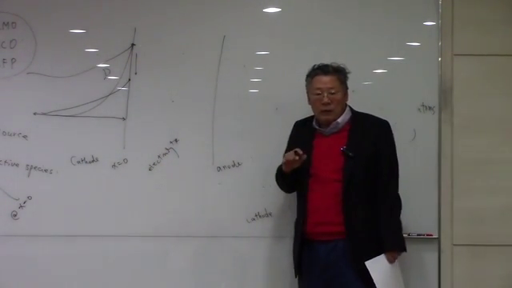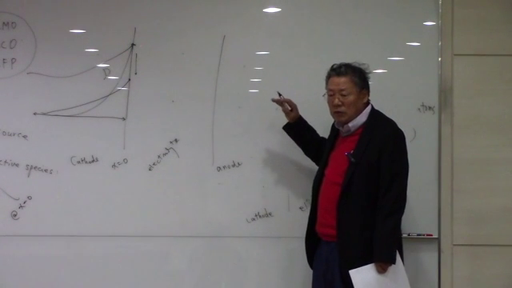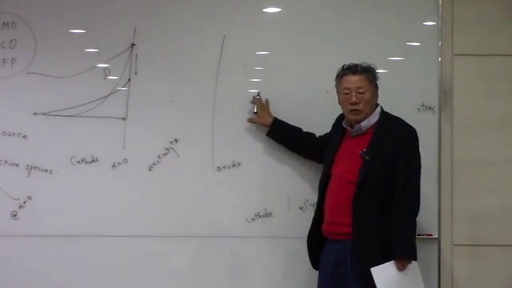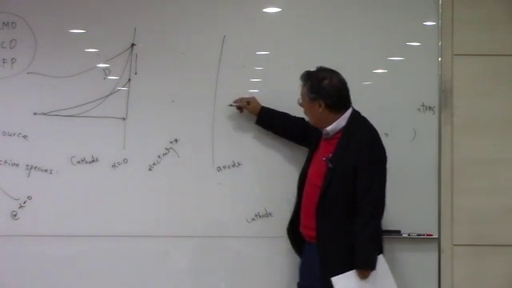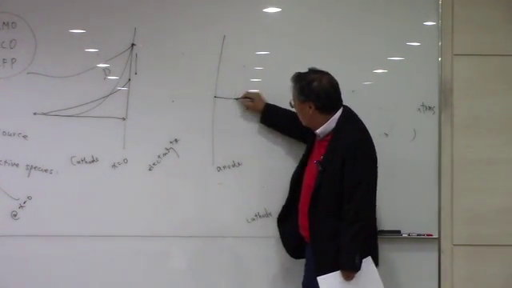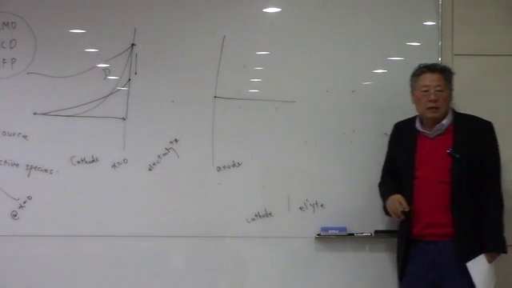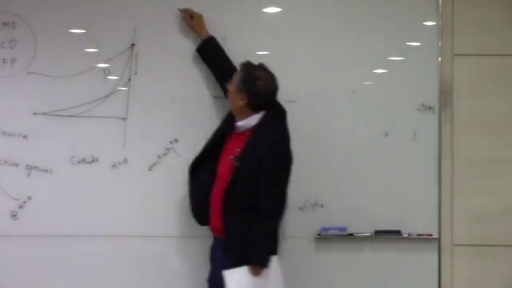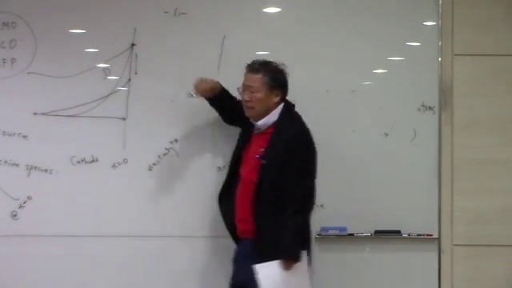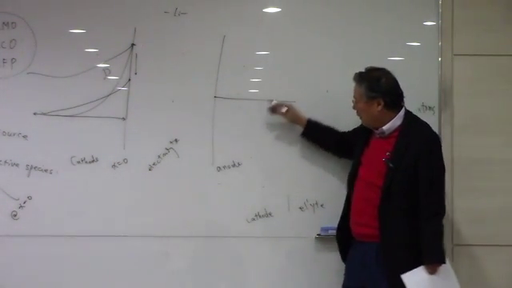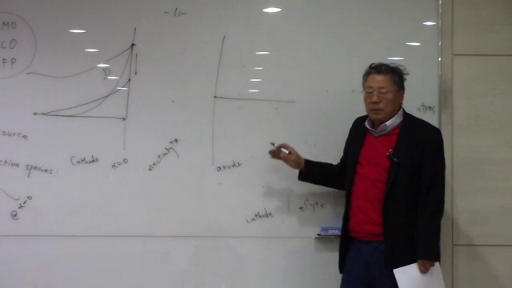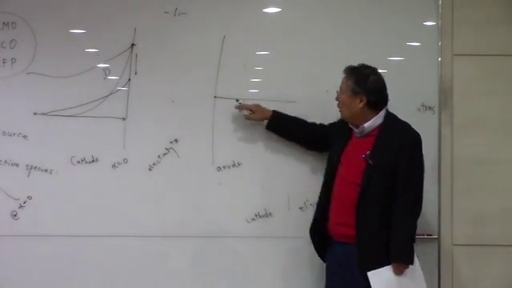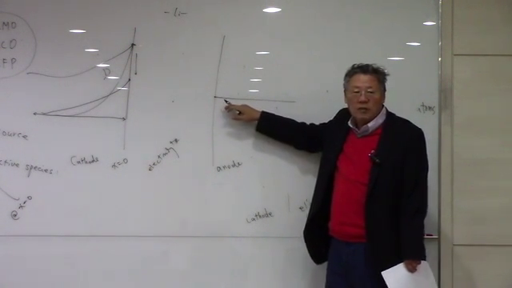Now suppose you have a certain concentration of electroactive species in the anode, like let's have this much. Let's just talk about lithium batteries. Let's suppose we have an anode with a lithium concentration of this level.